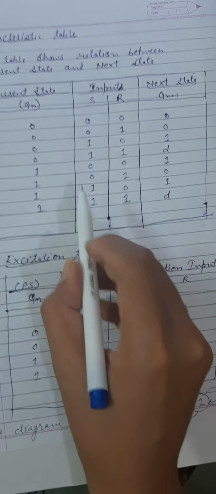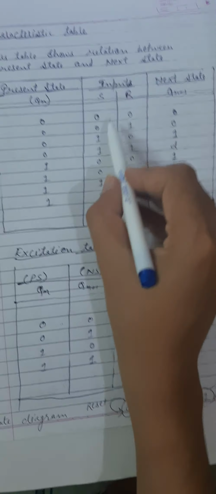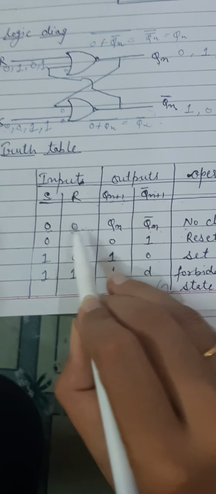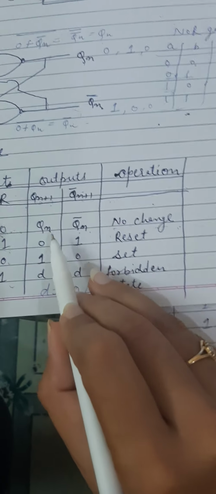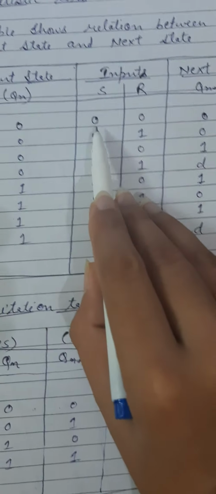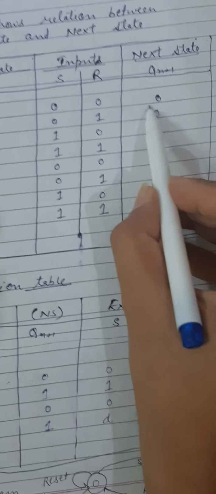Okay, now see here, the value of SR is 0 0. In the truth table, when the value of SR is 0 0, the output is Q1 and Q1 complement. That means we have to write here, when the value of SR is 0 0, the output is Q1, and here the value of Q1 is 0, so we write here 0.